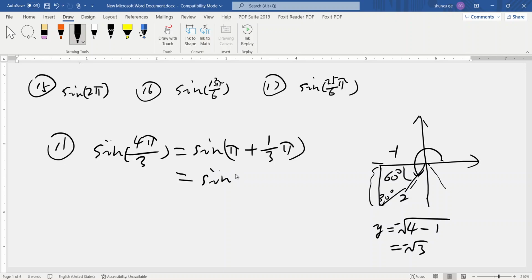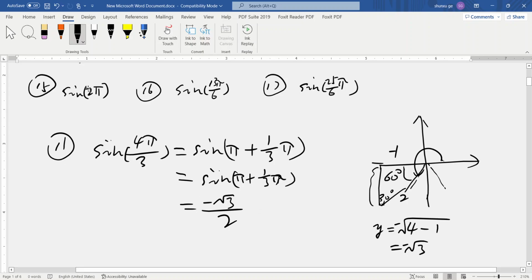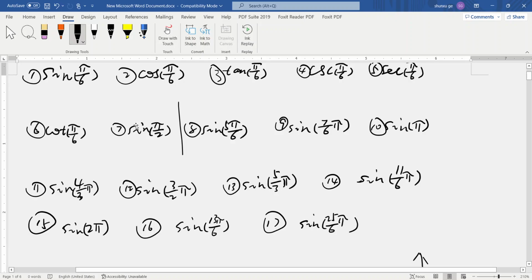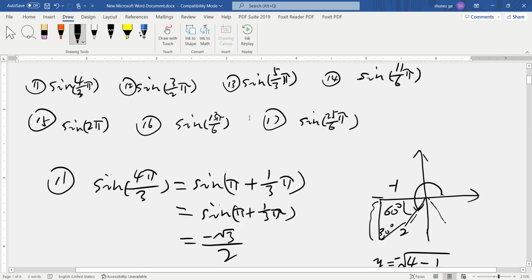Sin pi plus 1 over 3 pi, okay, equal here negative square root 3 divided by 2. Question finished. So question 12.